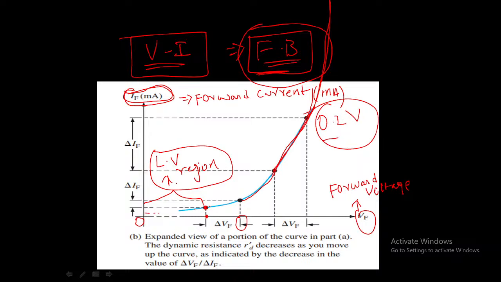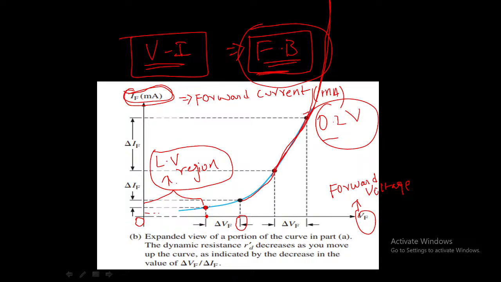So if the voltage value increases but it is less than the threshold voltage, the current increases in a small manner. But if the voltage increases beyond the threshold voltage, the current value increases rapidly.